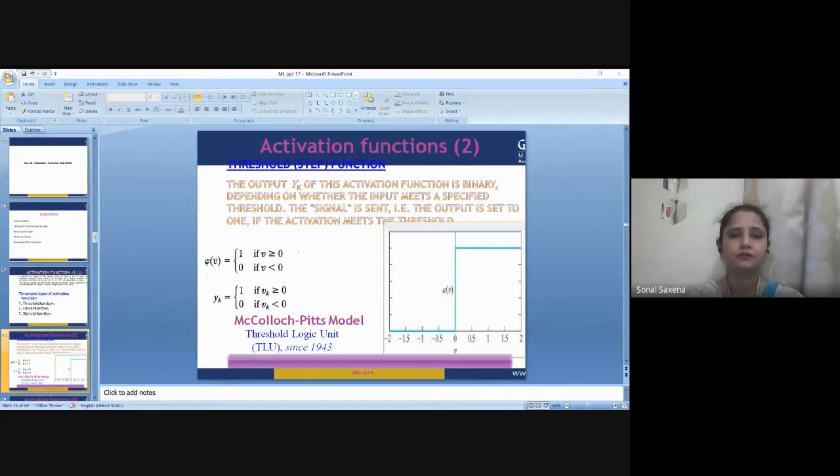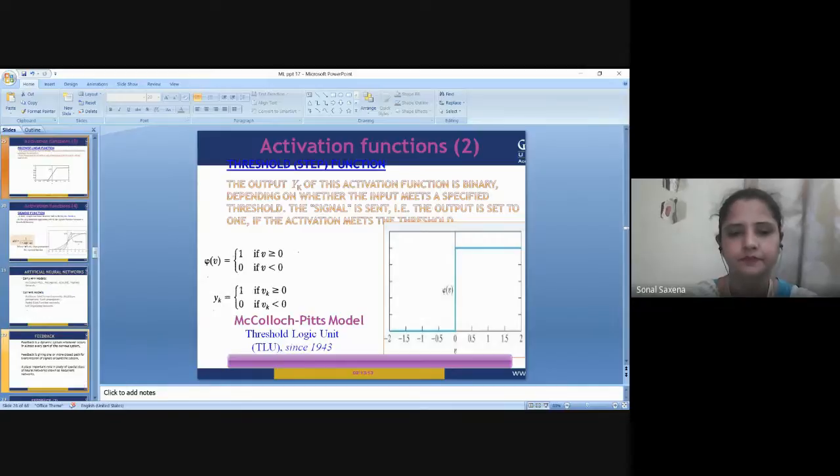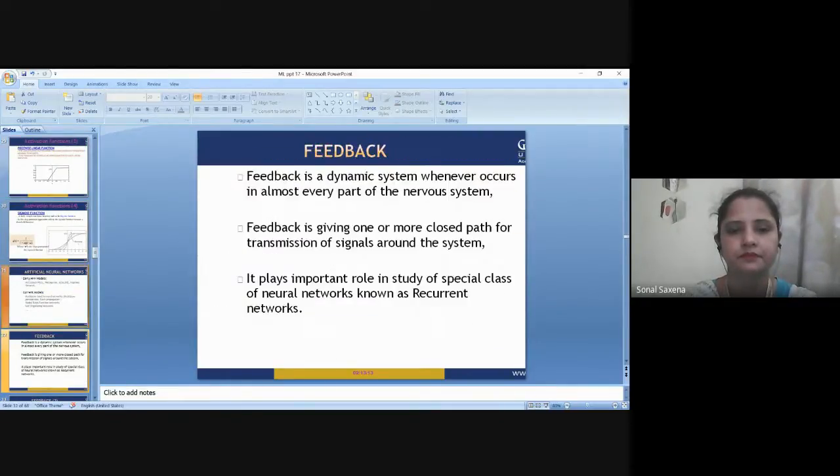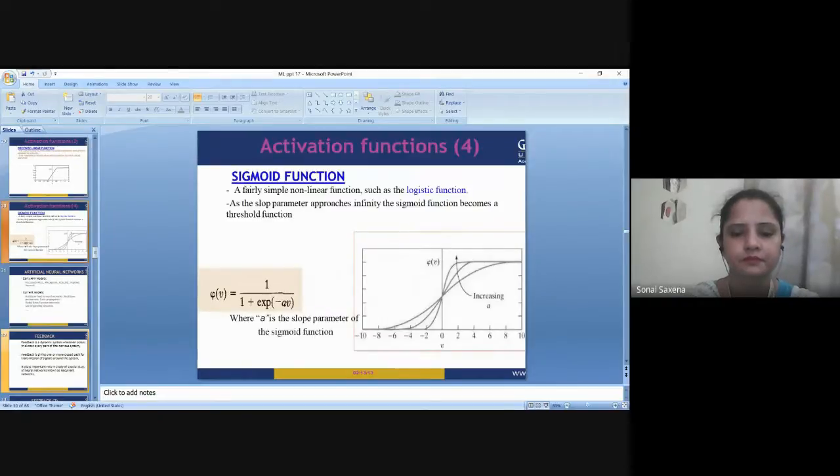Now, the fourth variant of activation function is ReLU, which stands for Rectified Linear Unit.